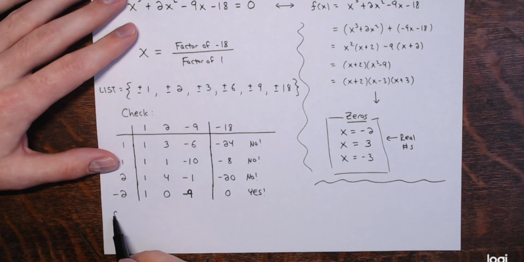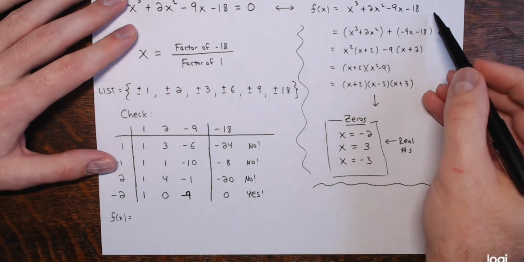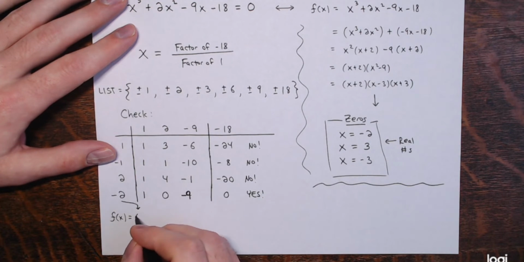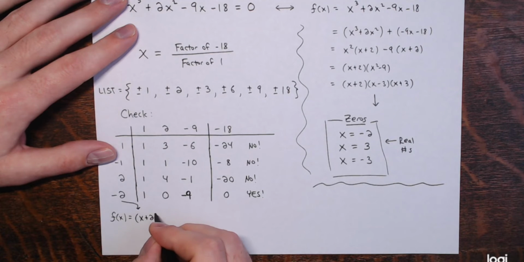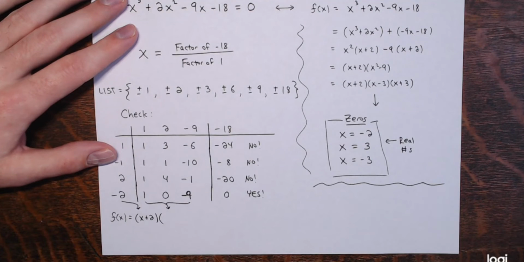F of x, instead of being x cubed plus 2x squared minus 9x minus 18, should be, -2 is the 0. So that means my divisor was x plus 2. X plus 2 is a factor. And then these numbers here give me the coefficients of the quotient, which would be a degree 2, 1x squared plus 0x, which I don't need to write, and then minus 9.